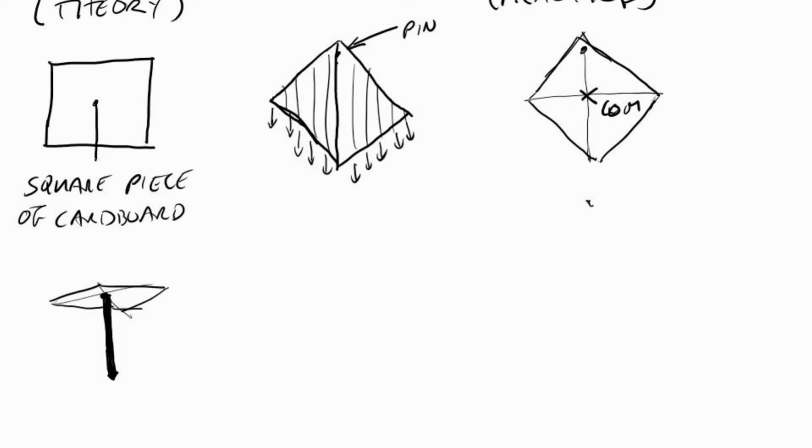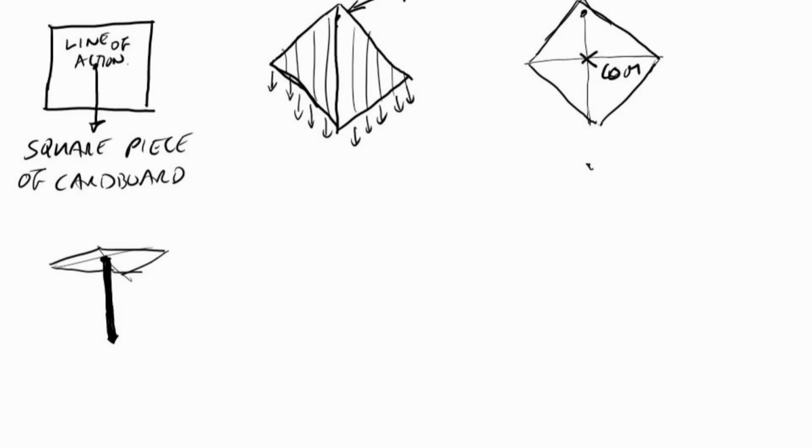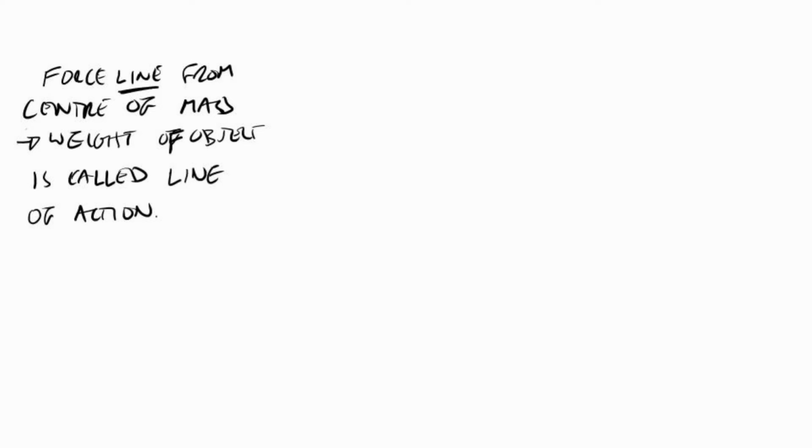So that line coming down from the centre of mass is referred to as the line of action. And that's actually quite important. That force line that comes down from the centre of mass, which is basically the weight of the object, that's what the force is, but the line itself is called the line of action.